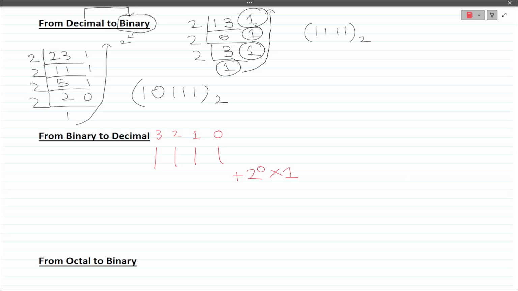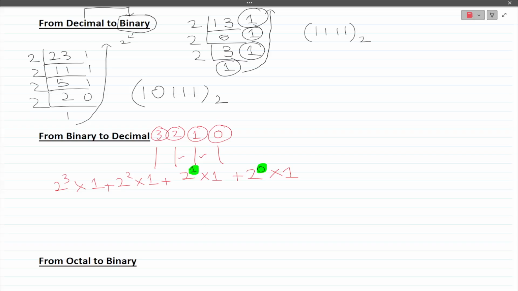Then again 2 to the power 1 into the number, that is 1. Then 2 to the power 2 into the number, that is 1. Then 2 to the power 3 into the number that I am having. Now you must be observing, have you observed this very carefully?